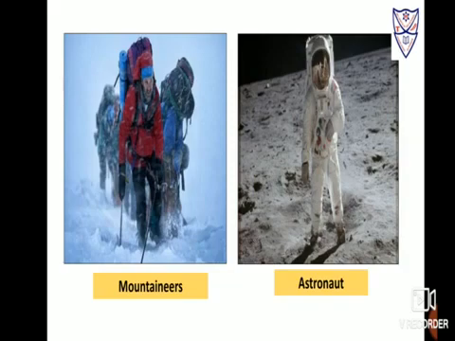Due to this, some of the blood capillaries burst and blood comes out through the nose of the mountaineers. An astronaut wears a special space suit which maintains the normal atmospheric pressure for his body, since there is no atmosphere outside the earth.